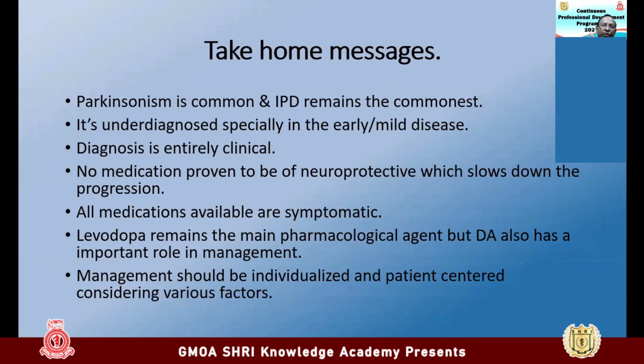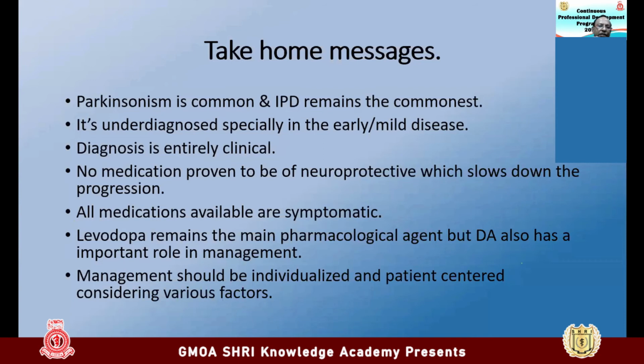The importance of this talk is that I told you the very important clinical features with which you can diagnose Parkinson's. As you now know, there is no need for any investigation. This is entirely clinical. At the moment, there is no medication which has been proven neuroprotective. All the available medications are symptomatic.